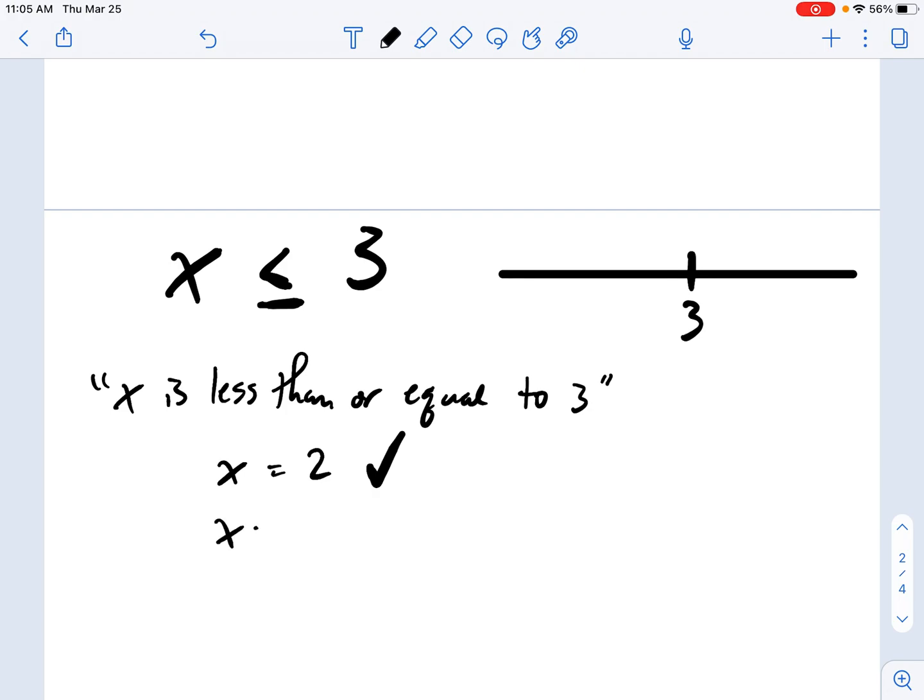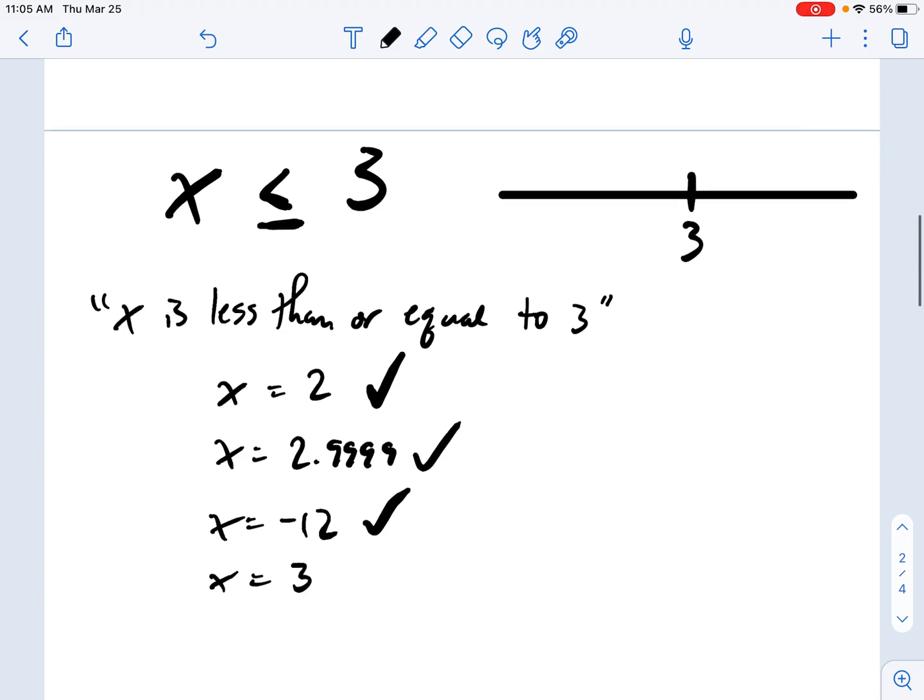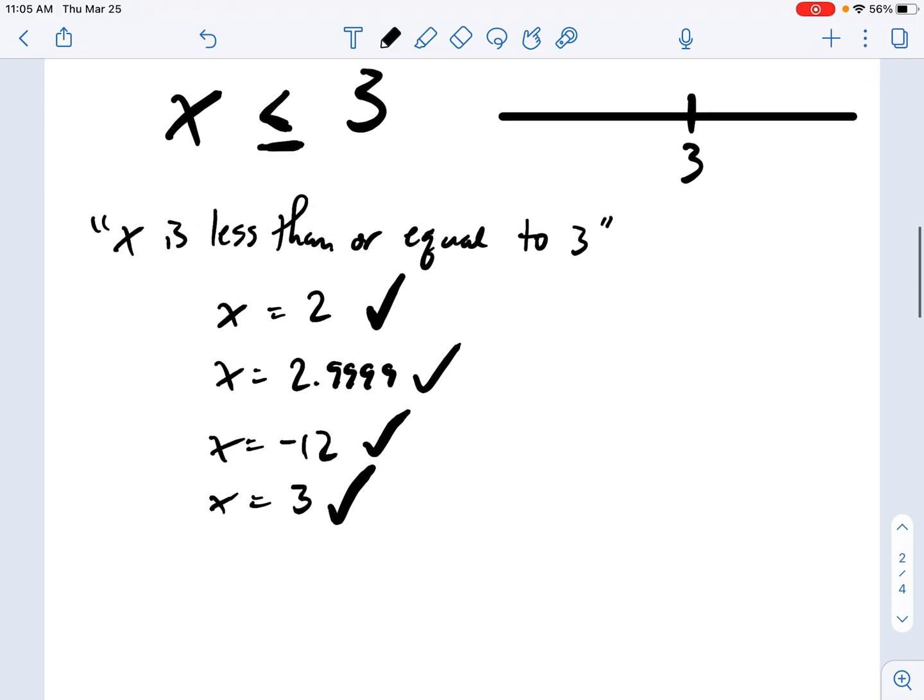Yes. Could x be 2.9999? Yes. Could x be negative 12? Yes. Could x be equal to 3? Yes, it could, right? Less than or equal to 3. Could x be 3.001? No, because that is bigger than 3.